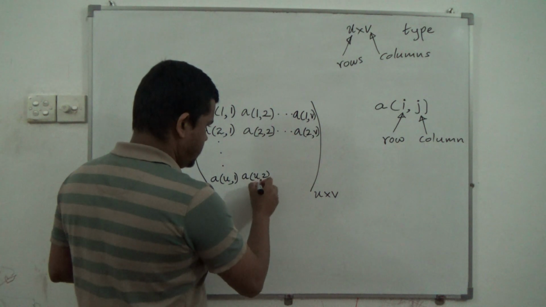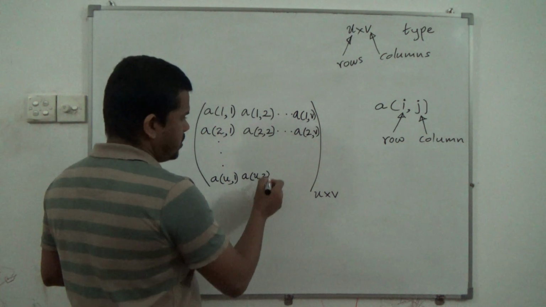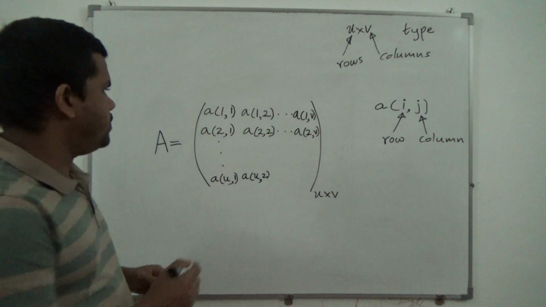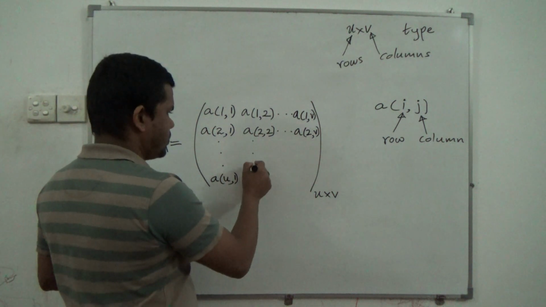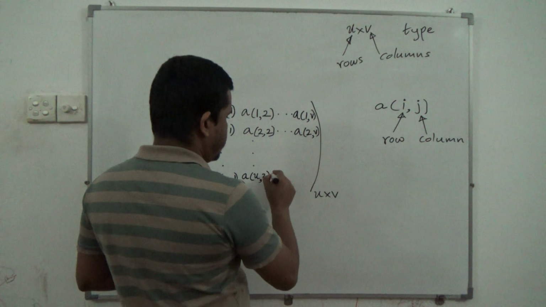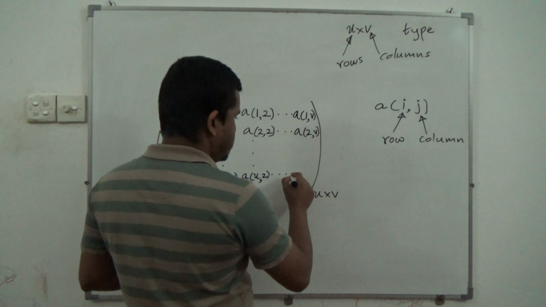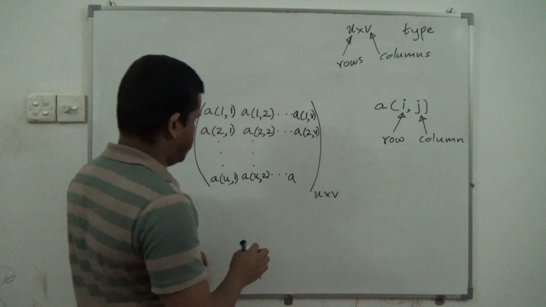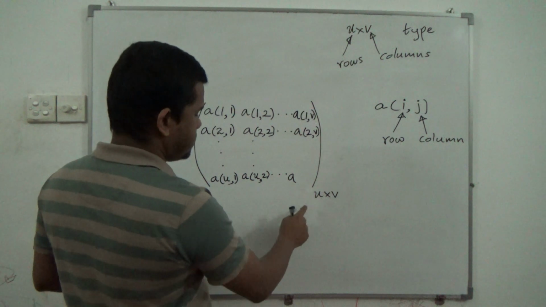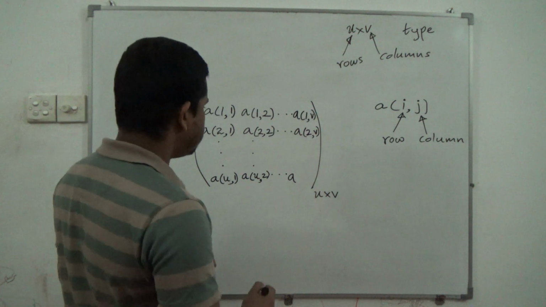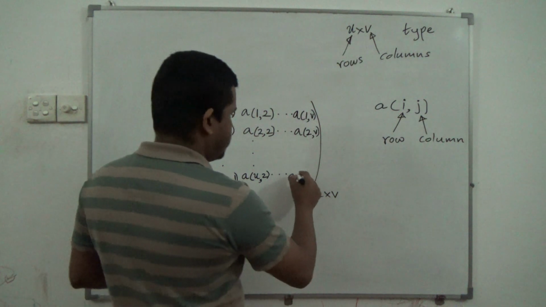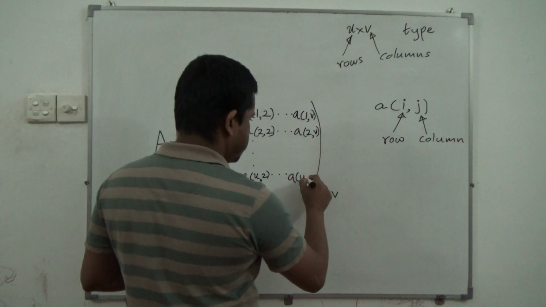U2 is the second element of the last row, and we can continue like this. This is the last element of the last row.